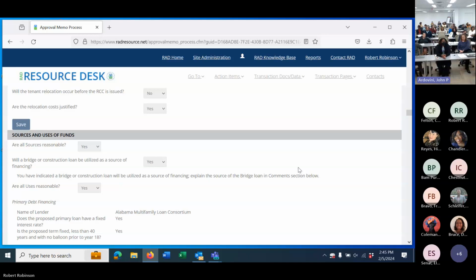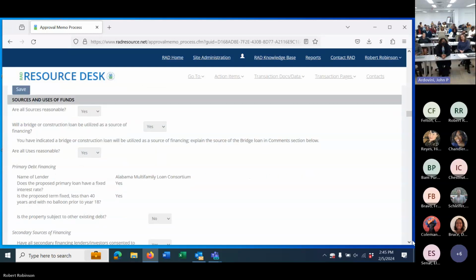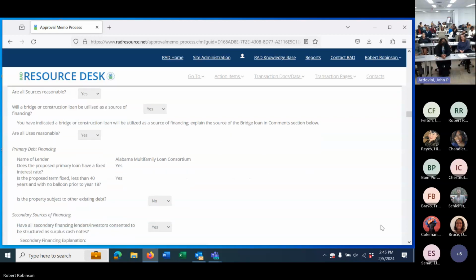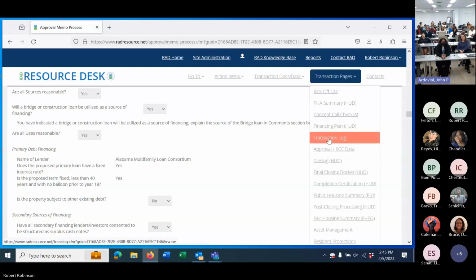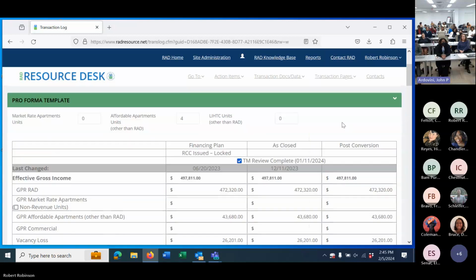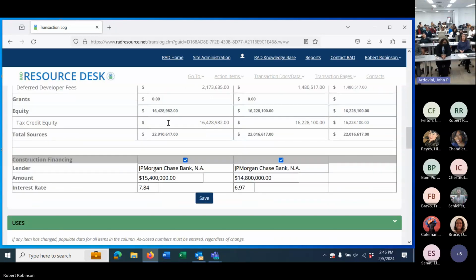So here we do an analysis of the sources and uses. You're looking at it and speaking to the sufficiency as well. Is it reasonable? You're also answering the questions whether the project will be using a construction loan. In this case, yes. When we were looking at the sources and uses earlier, in the bottom section of it, they also captured that information on the construction debt.